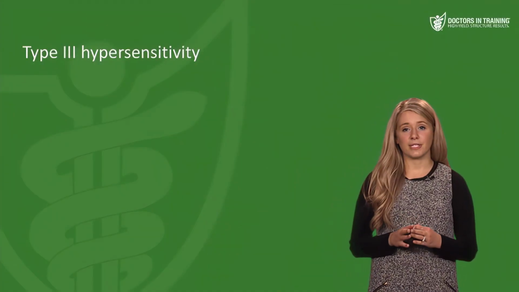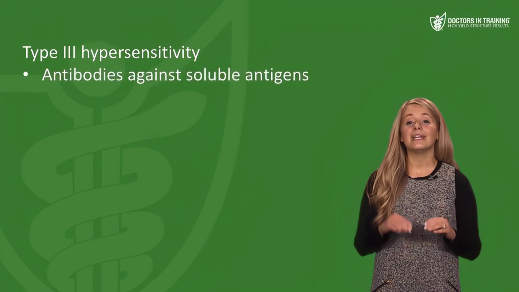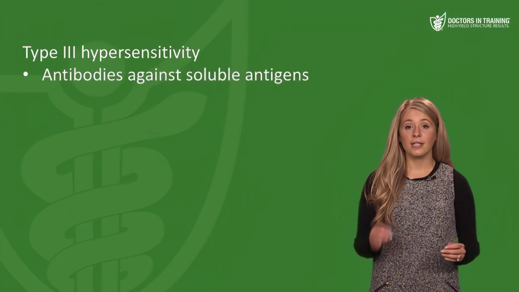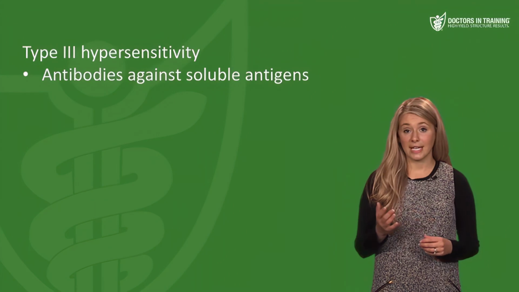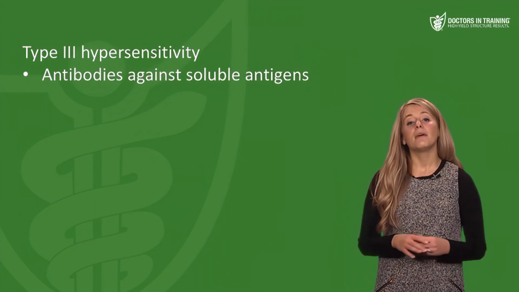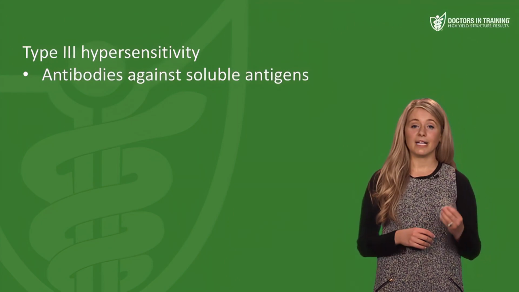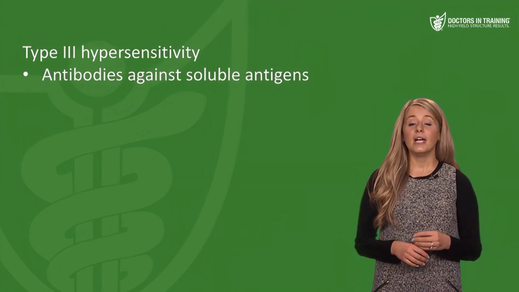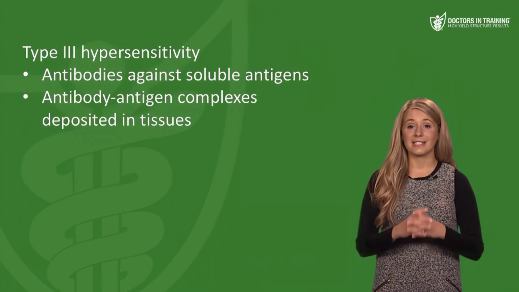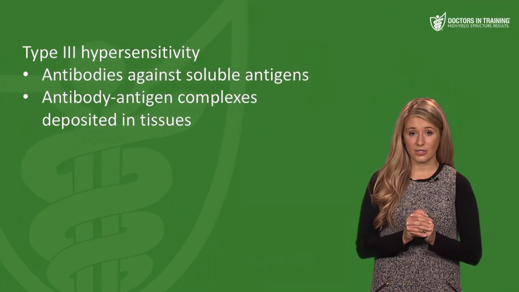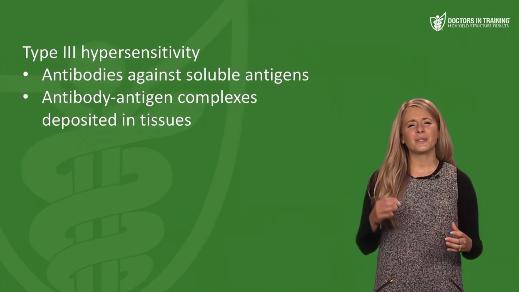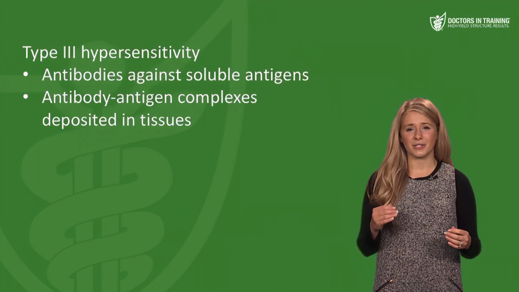Type 3 hypersensitivity is when there are antibodies against soluble antigens, not cellular antigens, like in type 2 hypersensitivity, but free-floating antigens that are then dissolved in the blood. These antibodies bind to the soluble antigens and form antibody-antigen complexes that then get deposited into the tissues. So this isn't really antibodies attacking cells that causes the problem.